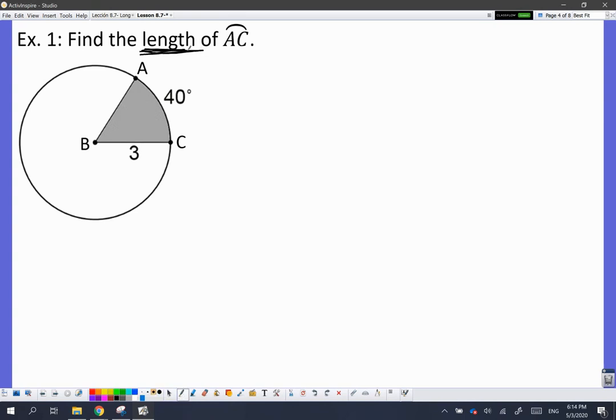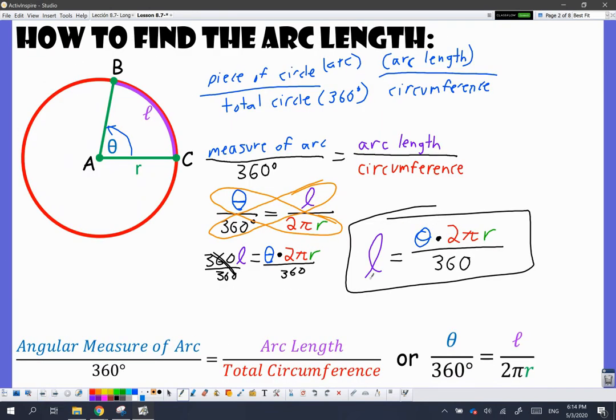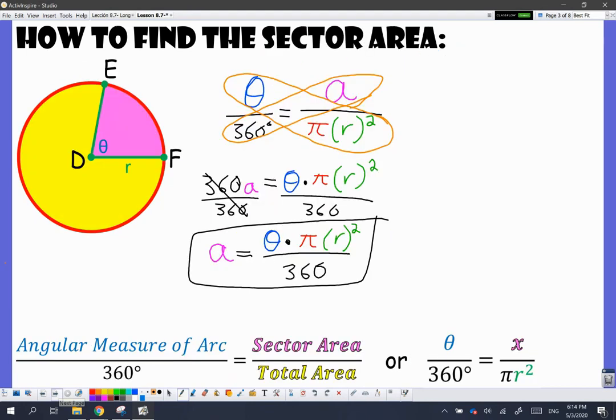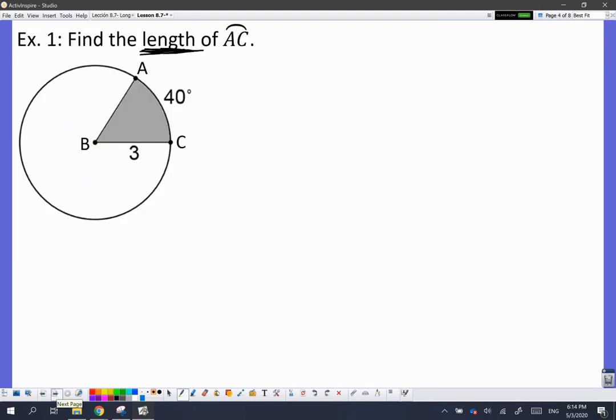So if they're asking for the length, that means we're going to have to use this formula or use this relationship. I want to use the proportional relationship in this example just to show you how I set it up. And later on, I'll use the formula so you can take a look at that one too.